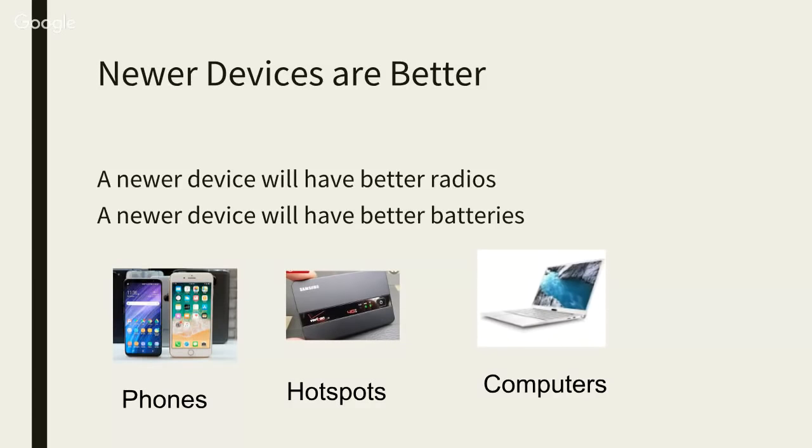So your phones, your hotspots, and your computers, they all have to have good enough technology to make all this stuff work. And when we talk about devices, we're talking phones, hotspots. Right. So if you have an old hotspot from Verizon or AT&T or T-Mobile, and you're not getting good results, it might be time to get a new one.